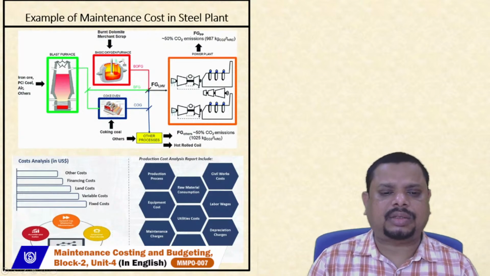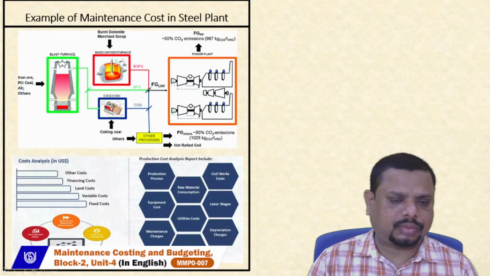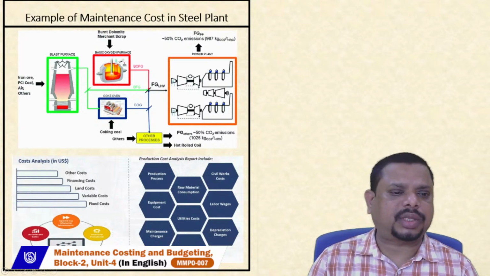In the case of civil work, we have labor wages and depreciation charges. So these costs give better exposure for costing, especially with reference to maintenance cost. I hope it is clear to all.